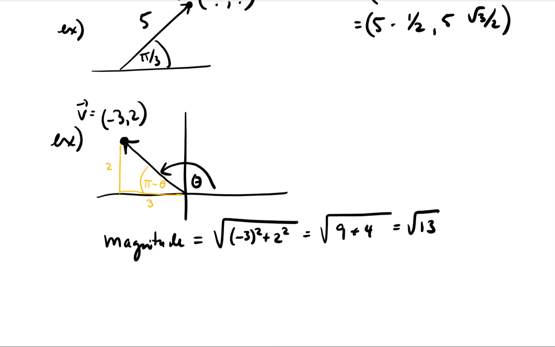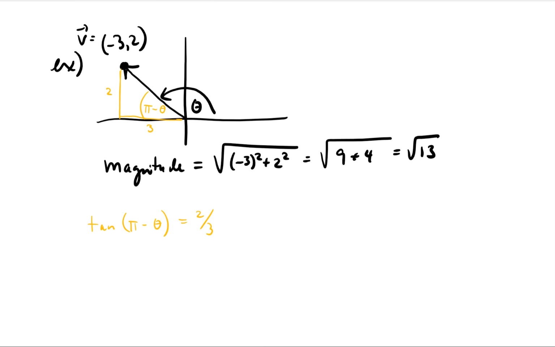So the angle pi minus theta has tangent 2/3. That means, and this is an acute angle, so on purpose here I've got an acute angle, by taking the arctan I get the value of that angle. Because it's acute, the arctan gives me an angle between minus pi/2 and pi/2, so I'm going to get exactly what that angle is.